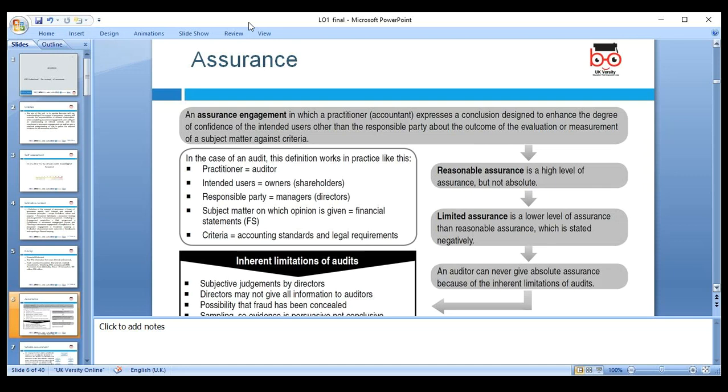So in the case of audit, the practitioner is the auditor, the intended users are owners, shareholders or stakeholders, the responsible parties are managers, the subject matter is the opinion given on the financial statements, and the criteria are accounting standards and legal requirements.